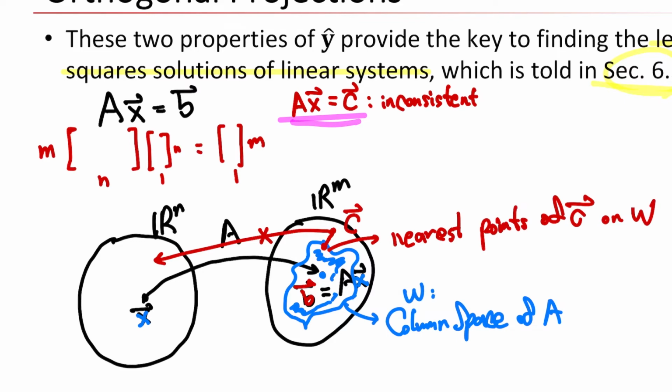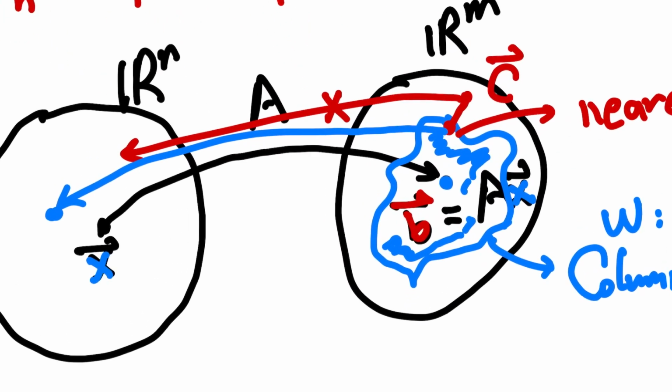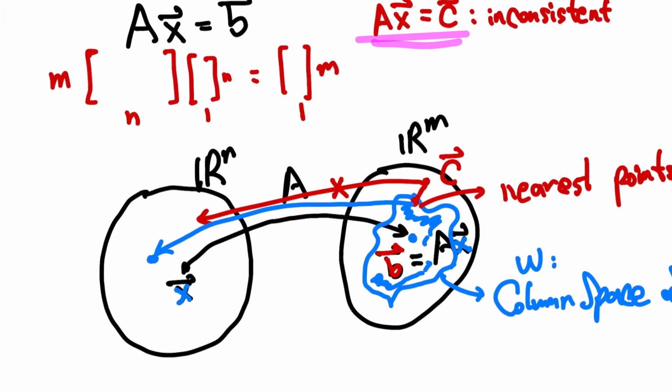Then by finding the mapping output x here, we can find the approximated solution of c. So this is our strategy to find the approximated solution. In this case, this approximation is called the orthogonal projection.